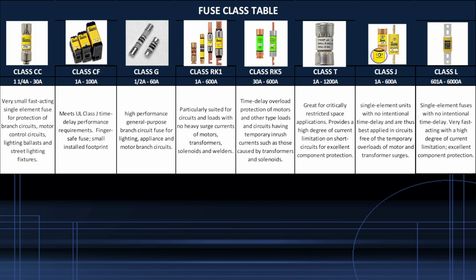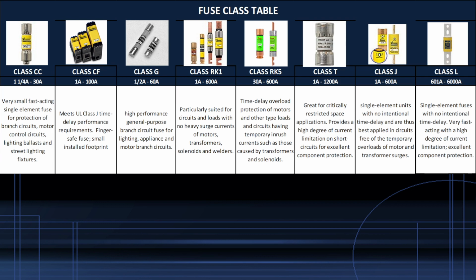Class T, great for critically restricted space. Now, on your Class Js, you can look at the trip curves on the Class J fuses and determine the performance based upon your loads.